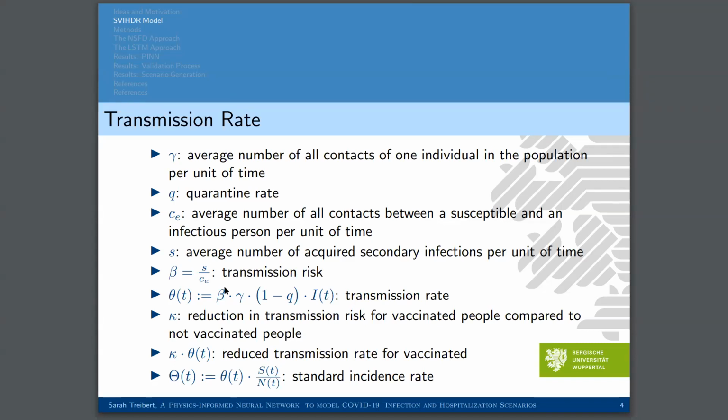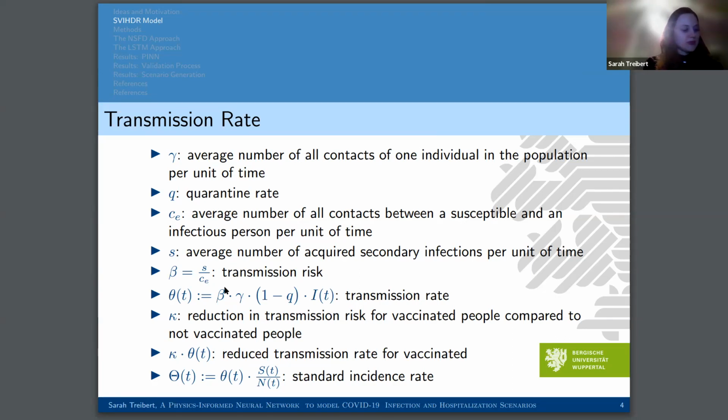Yes, exactly. Our main focus here was the scenario generation for the wave that we are currently in. And it's also a task to model this time dependence very reasonably and correctly. So I have to make some thoughts on this.